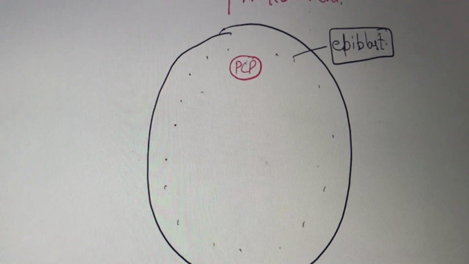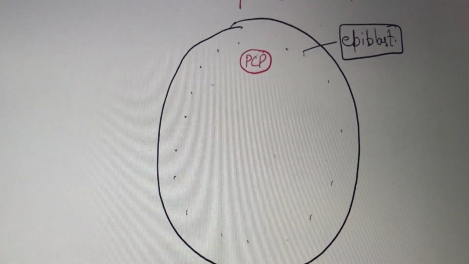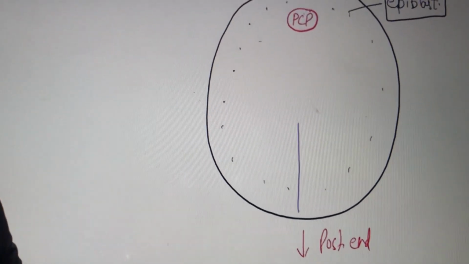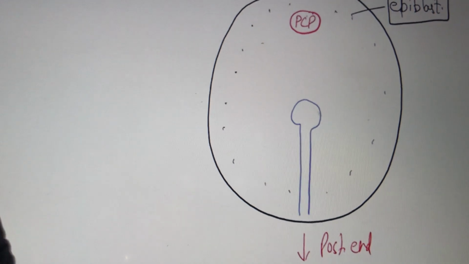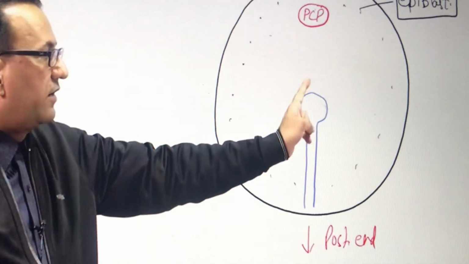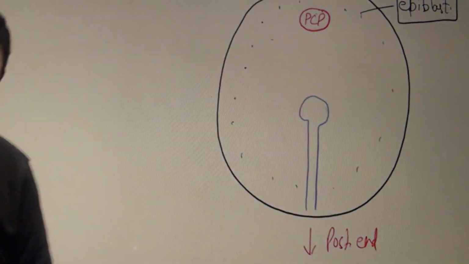So this is going to be the anterior or the cranial end, and this is going to be the posterior end. Then by the end of the second week, there is proliferation of these epiblast cells, and they form the primitive streak. This primitive streak has three components which we are going to talk about now, and it starts from the caudal end and moves towards the cranial end. It has a caudocephalic direction, which you can show by the arrow mark here.